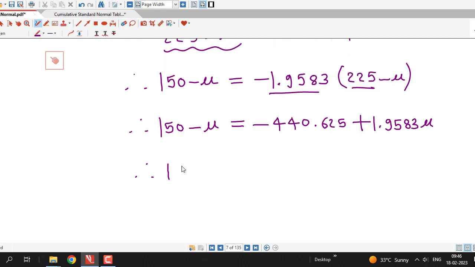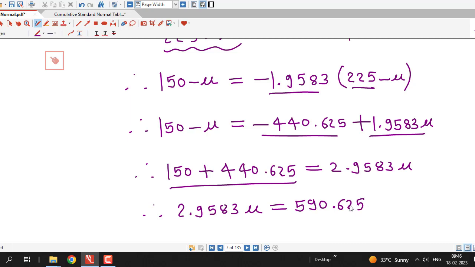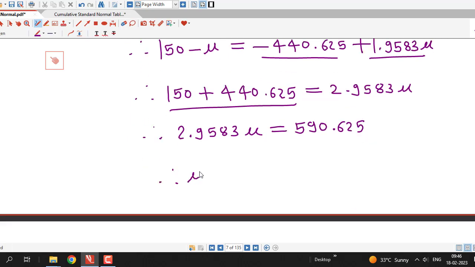Therefore 150, and we transfer this on this side, plus 440.625 equal to this plus mu, that is going to be 2.9583 mu. Therefore this 2.9583 times mean equal to addition of these two, which turns out to be 590.625.